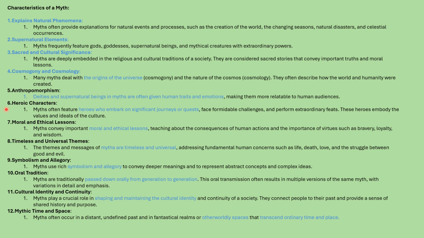So these gods are all powerful, heroic, they are lessons, universal or timeless themes, of course, they'll always be relevant. They use symbolism and allegory, they are passed down orally, they reflect the culture, and yes, they definitely do occur in otherworldly, in heavenly, godly realms.